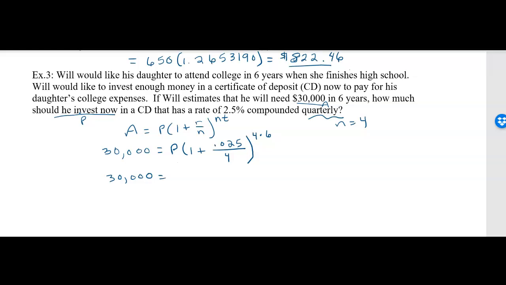All right, well, now we're going to do a little work, but it's going to be a little different. We're still going to work the inside always. So we do the inside of the parentheses, 0.025 divided by 4, enter, plus 1. Now, if I do that, I get 1.00625, and then to the 24th power. That 4 always ends up looking like a 9.